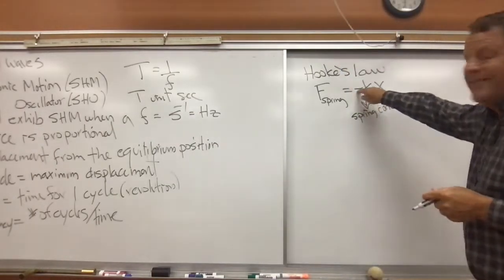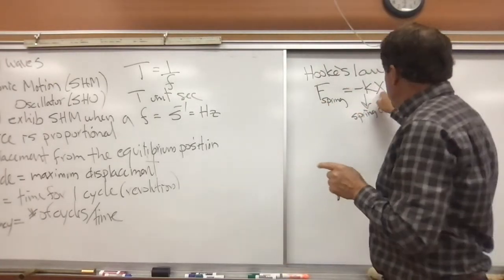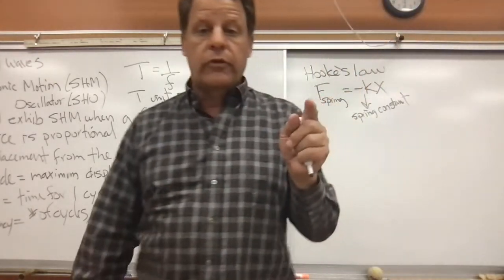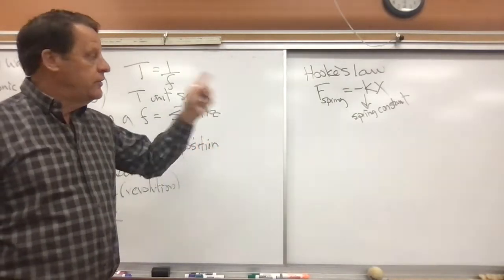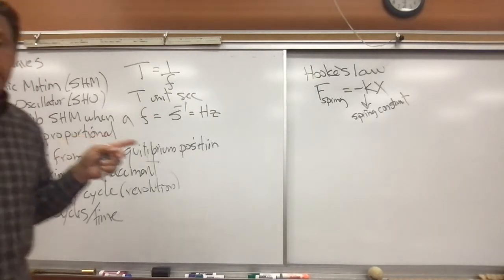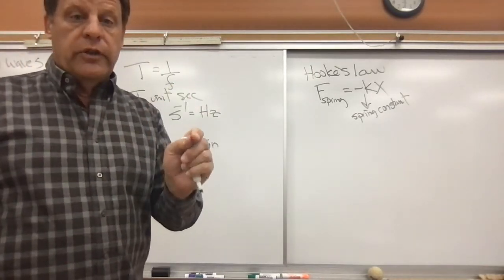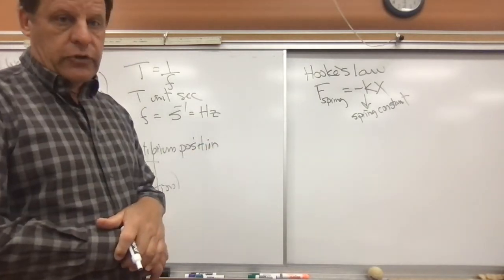So this negative here is essentially indicating that the force is always in the opposite direction of displacement, which is key to think about in simple harmonic motion, because we said the restoring force is always in the opposite direction of displacement. So we kind of have this set up.